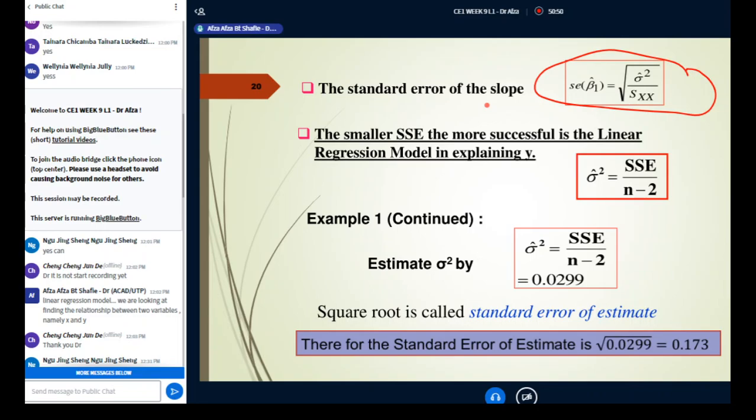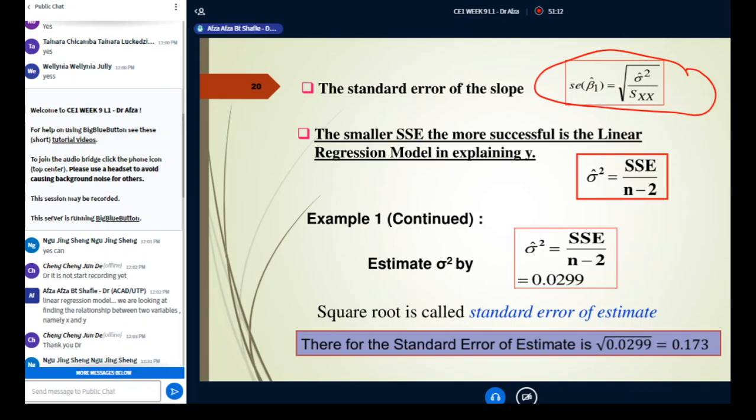All right. So we are looking for a small SSE. The smaller the SSE, the more successful the linear regression model is in explaining y. What we mean is that if the value of the SSE is small, then we say that the y that we actually obtain is a good model. So we want it to be small.